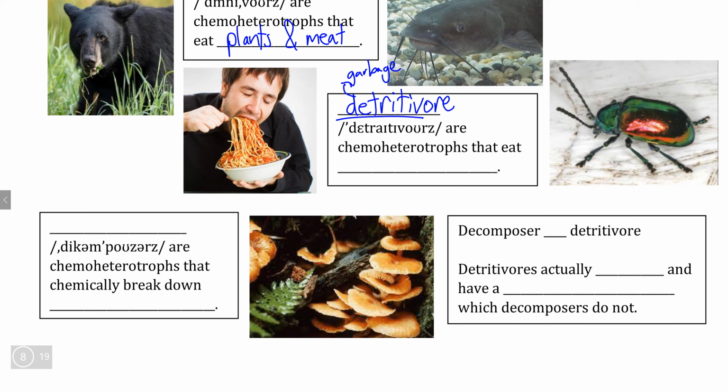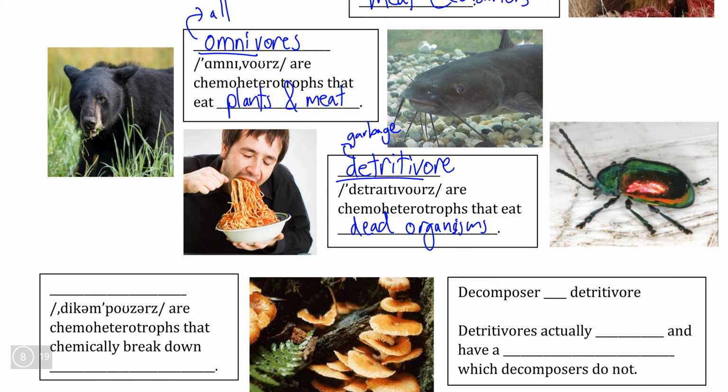Detritivores are examples of chemoheterotrophs that eat organisms that are already dead. So the examples listed here: this is a catfish, a bottom-feeding type of fish that eats the dead remains of organisms that die and sink to the bottom of the pond. Whereas this, the emerald ash borer, is a type of beetle that specifically burrows and eats the dead wood of trees in order to gain energy.